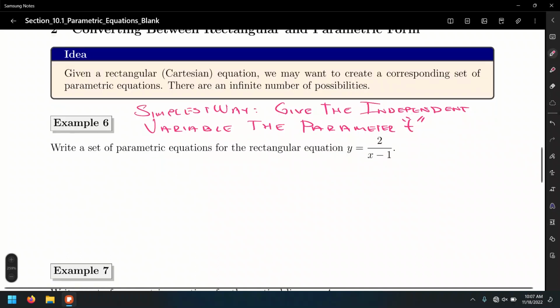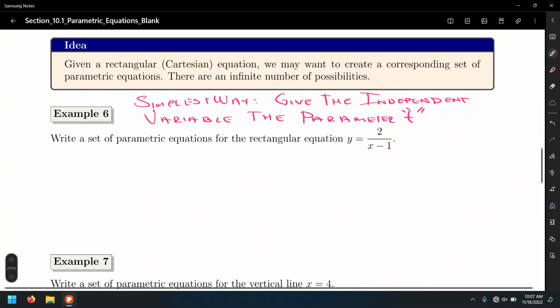So, for example, let's look at example number 6. Write a set of parametric equations for the rectangular equation y equals 2 over x minus 1. In this case, it's important to determine which is the independent variable and which is the dependent variable.